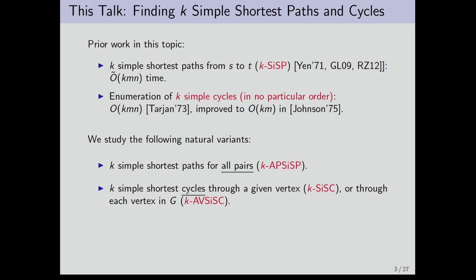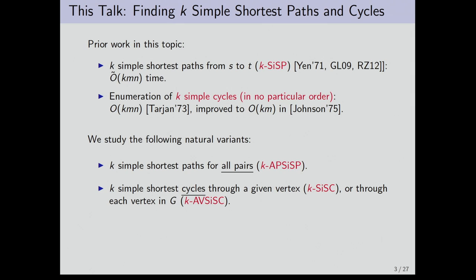Find the k-simple shortest cycles through a specified vertex that corresponds to KSISP, which is k-simple shortest paths from a given vertex to a given vertex. And the overall graph version is what we call K all vertices simple cycles. So for every vertex in the graph, find the k shortest simple cycles.